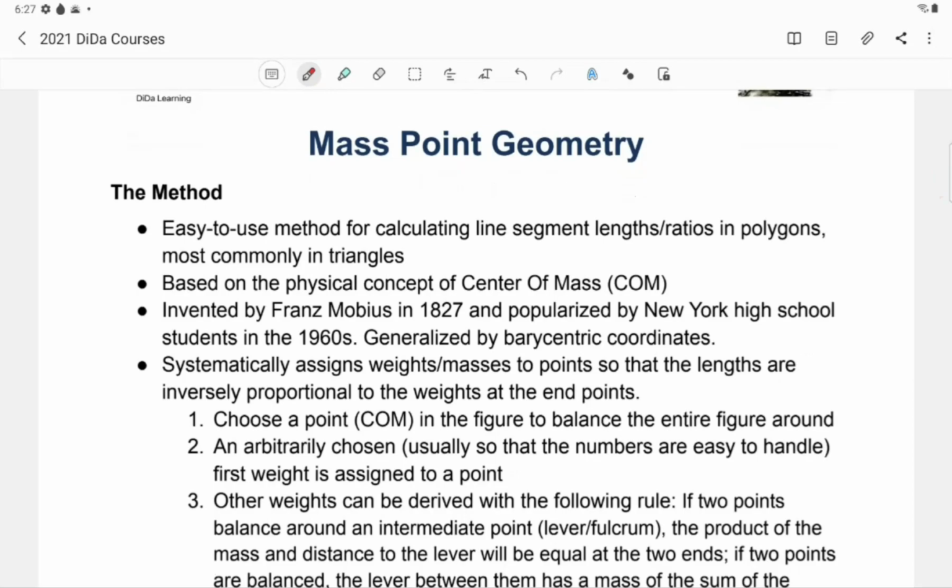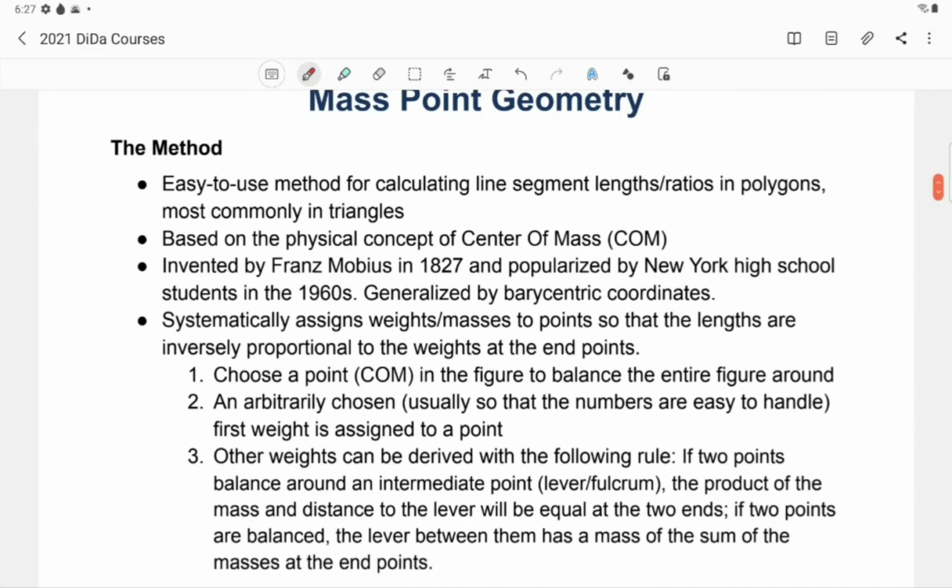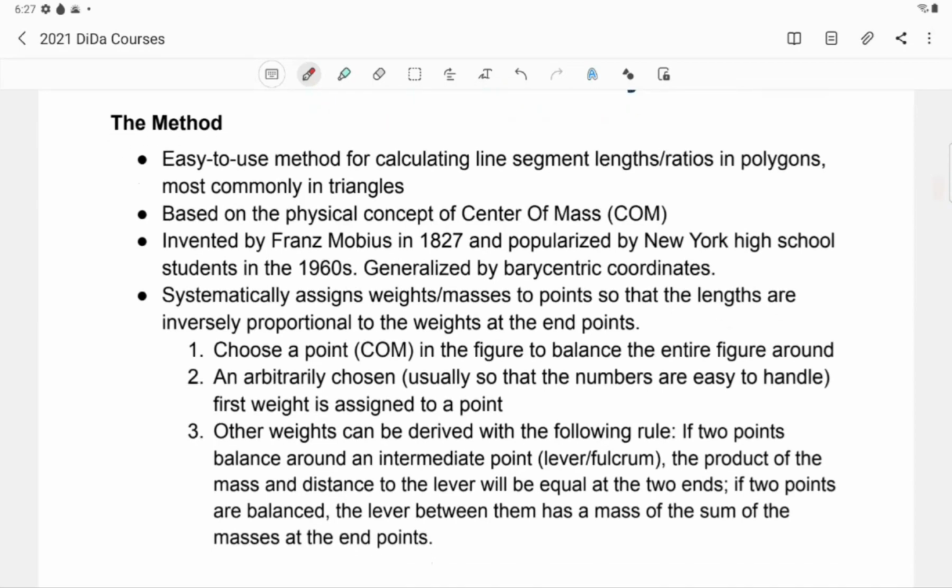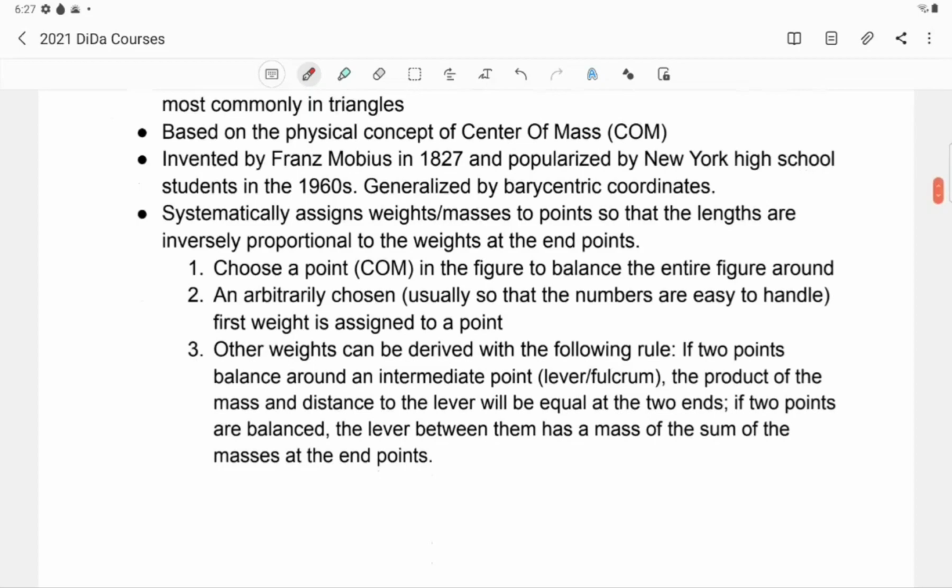And it's based on the concept of center of mass in physics. It was invented by Franz Möbius in 1827, but it was popularized by New York high school students of all people in the 1960s.